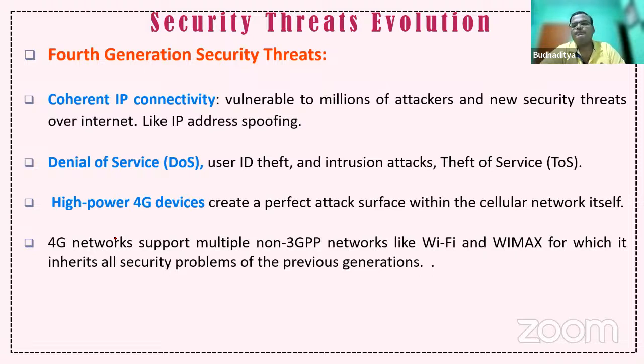Similarly, another problem that comes in with 4G and 5G is the high power 4G devices, because they work in a very high frequency band. They are very vulnerable, because if some devices are low power and some are high power, they can be easily targeted.